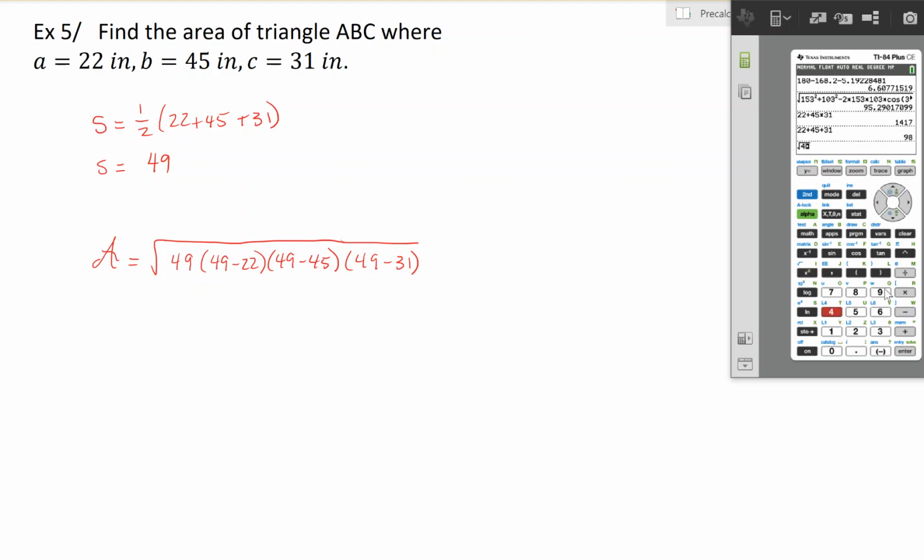It's up to you. 49 times parentheses 49 minus 22, parentheses, 49 minus 45, which is 4, close parentheses, another parentheses, 49 minus 31, close parentheses, and we get 308.6. So the area is about 308.6 square inches. Remember, area is a squared measurement.